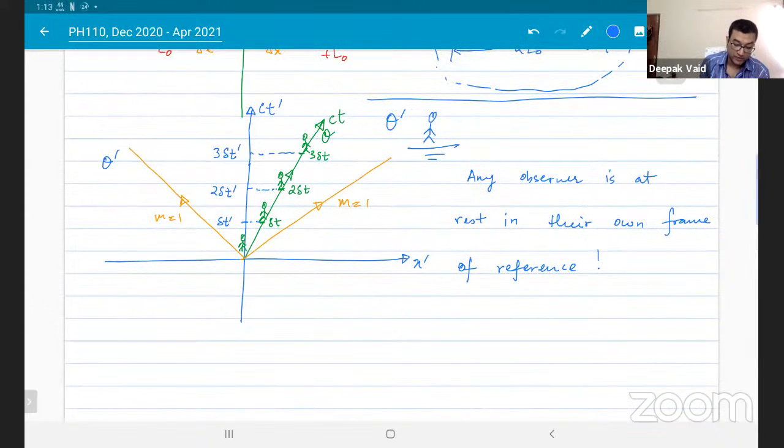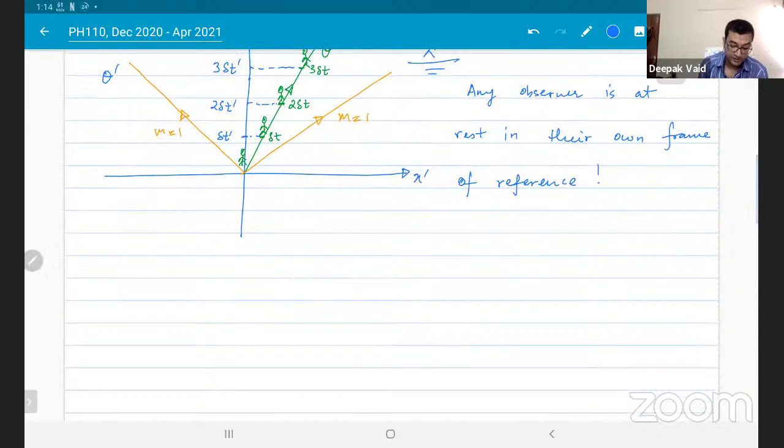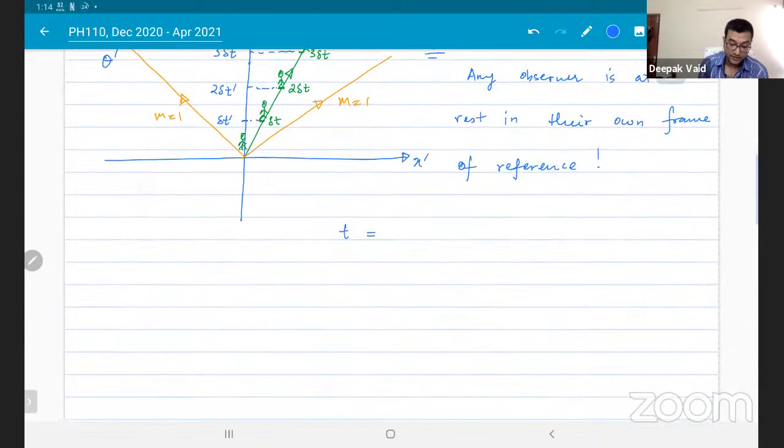Now I can also ask the same question from the perspective of the Lorentz transformation. What does the Lorentz transformation tell me? It tells me that T is equal to gamma times (T prime plus V naught x prime by C square).